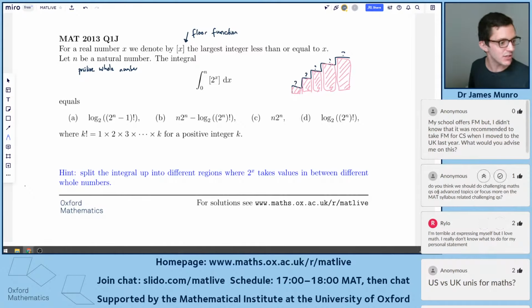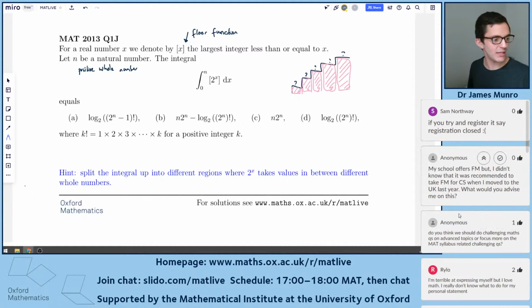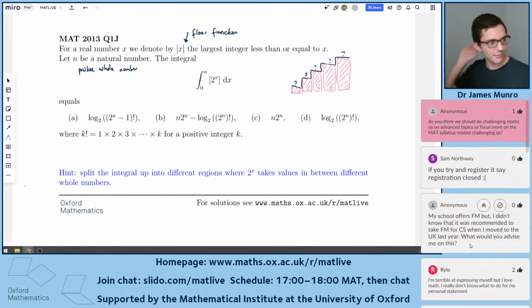I feel like I missed some stuff. Do you do challenging maths questions on advanced topics, or focus more on the MAT syllabus related challenging questions? Yeah, I've seen versions of this question before. Flora's put a brilliant answer, which is both. It's fine to focus on maths when you're preparing for maths.